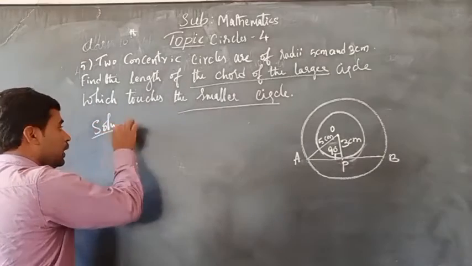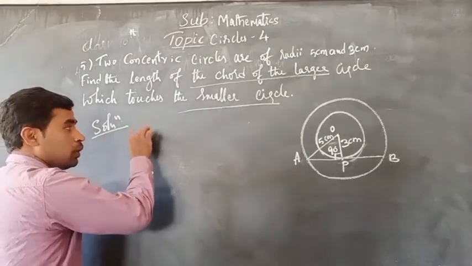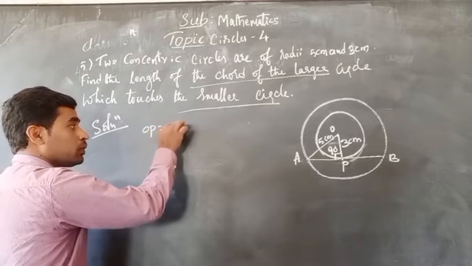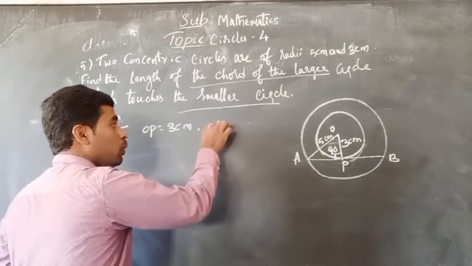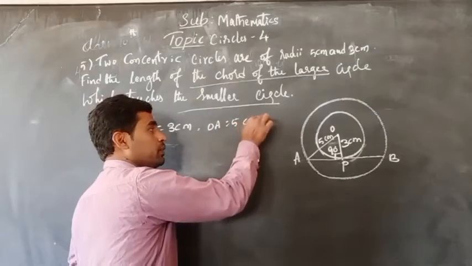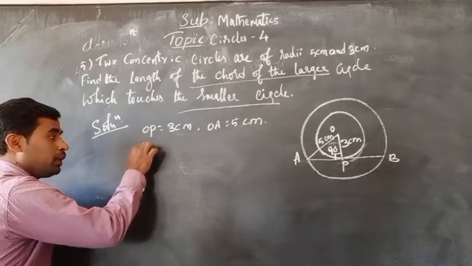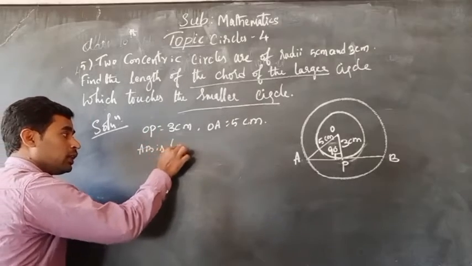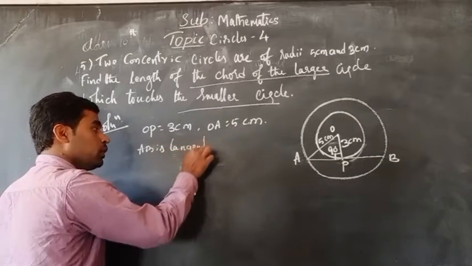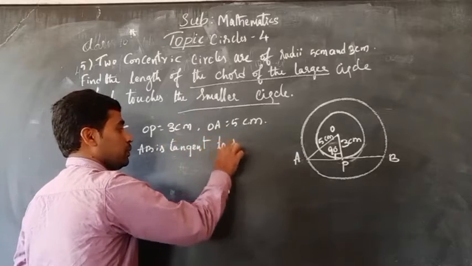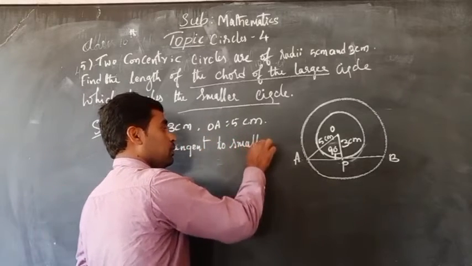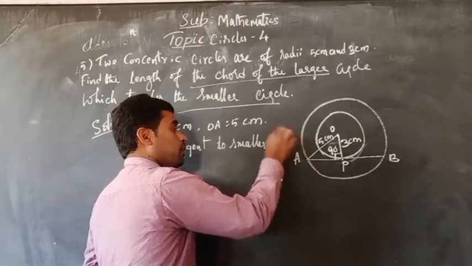Here I write the solution. OP is equal to 3 centimeter. OA is equal to 5 centimeter. Now AB is a tangent to the smaller circle. Is it clear?